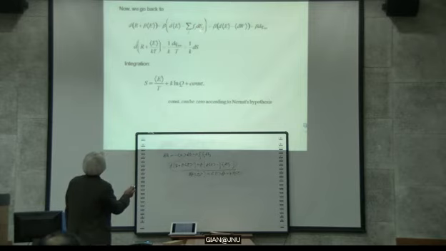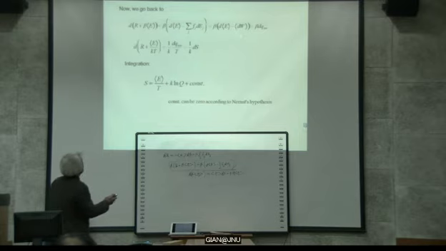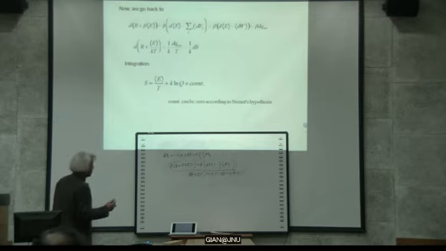So this average energy should be some thermodynamic work. So this is the average energy, and this is the average thermodynamic work. Then by the first principle of thermodynamics, this one should be the sum of this one and this one, right?